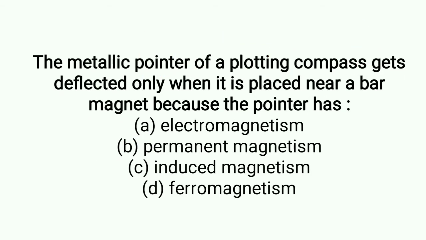The metallic pointer of a plotting compass gets deflected only when it is placed near a bar magnet, because the pointer has option A, electromagnetism, option B, permanent magnetism, option C, induced magnetism, option D, ferromagnetism.